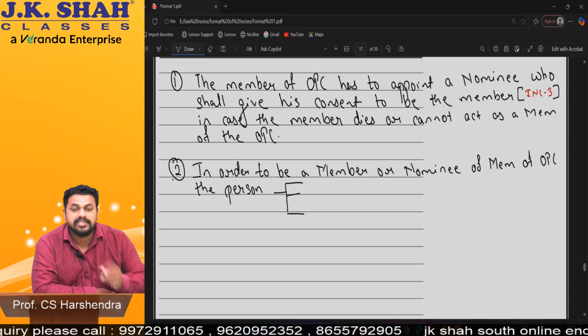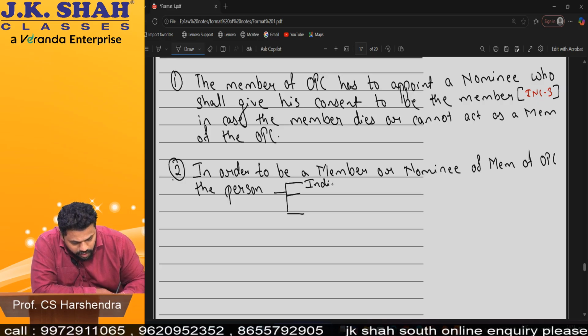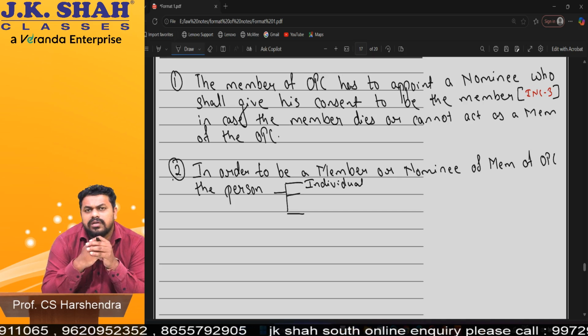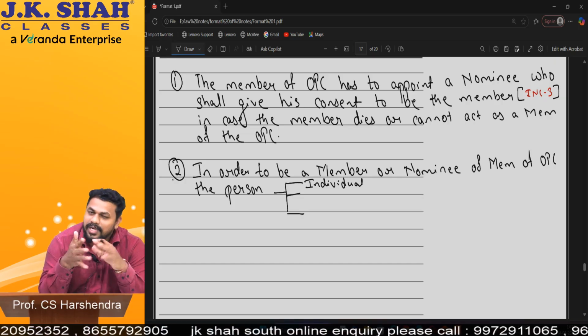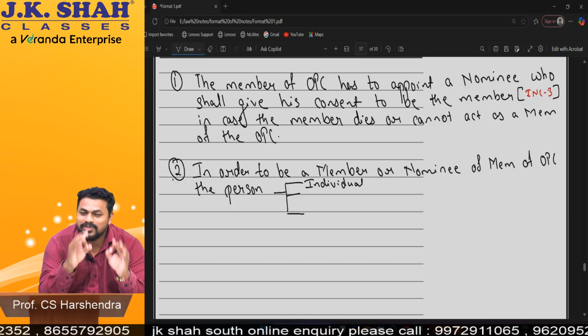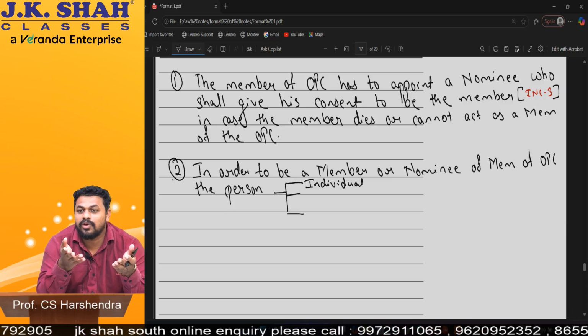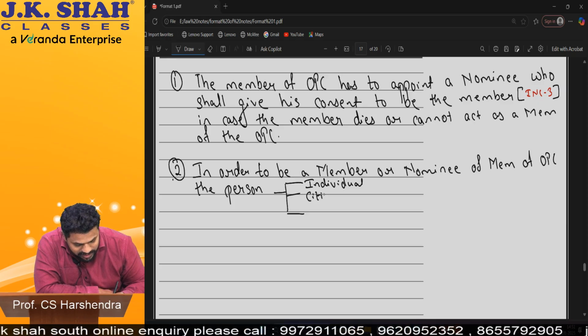Which are these 3 criteria? First, he should be an individual. What do you mean by individual, guys? Individual means a natural person. Some people say single, committed is also okay, don't worry. But he should be a natural person. So can artificial persons become member or nominee? No. Second, he should be a citizen of India.